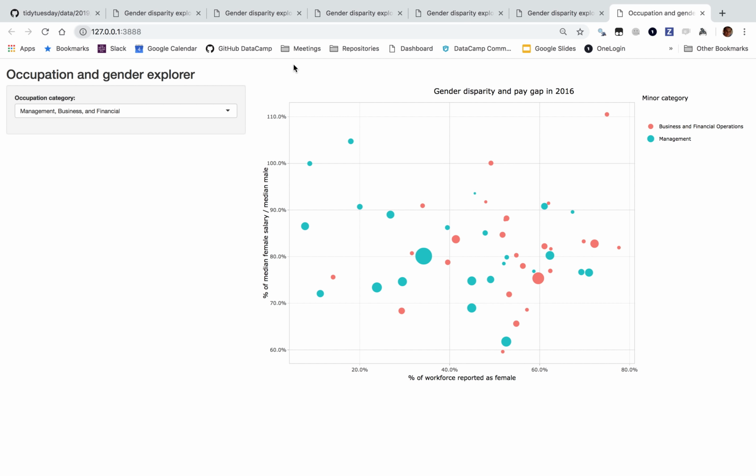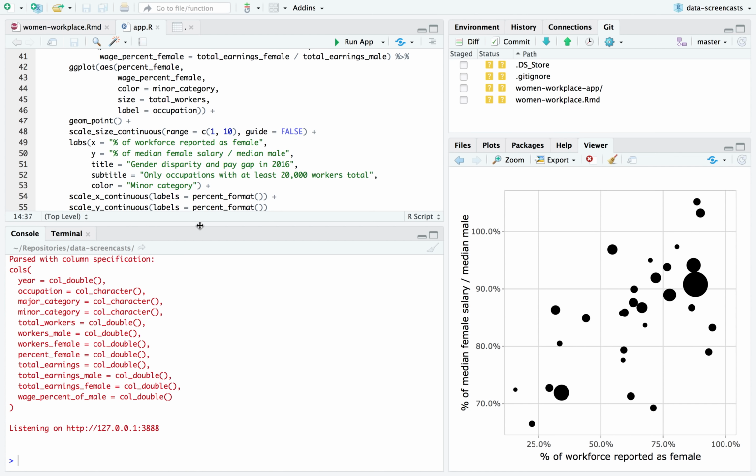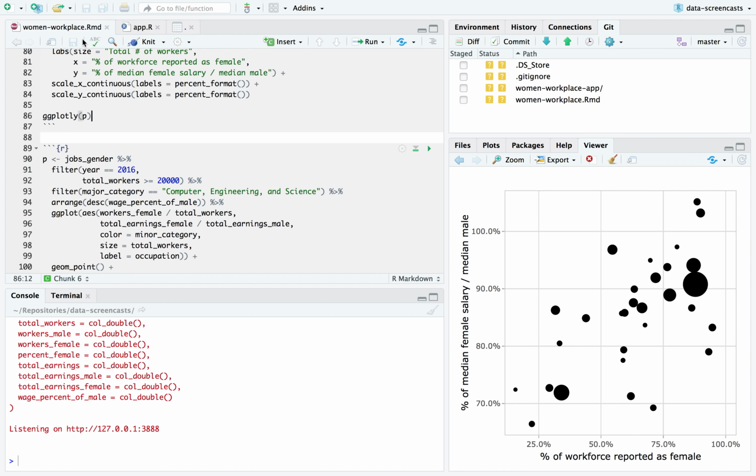I'm excited. I've been looking for the chance to build a Shiny app as part of a screencast. If I'd had more time, I probably would look at not just the gap within each occupation, but the different salaries that make up each occupation. So, for example, I didn't think of this until now, but it's the clear follow-up question.